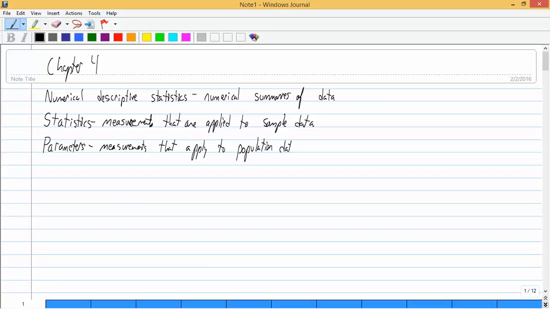Whenever we went over these terms, they were actually referred to in the other sections as statistics sample or population parameter. But if you just see them alone, you just kind of know that's what they go with. And of course, one easy way is by looking at the first letter: statistics sample, parameter population.